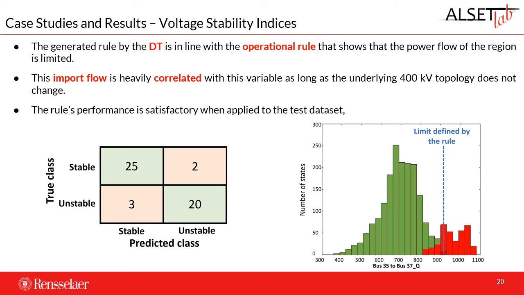The performance of the rule is quite satisfactory when applied to this data set. You will see here the predicted class and the true class, and you see that we have a pretty good performance. It's only 3 and 2 misclassified cases.